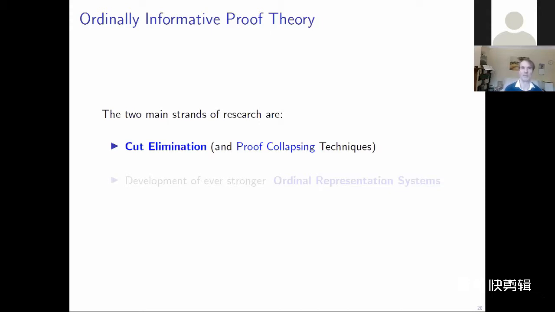One strand is that you use proof-theoretic techniques to eliminate cuts in proofs. I will come to that shortly. These cut elimination techniques are very important, and there have been lots and lots of developments.